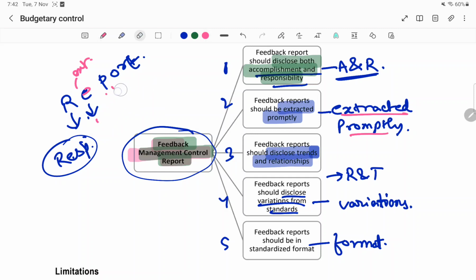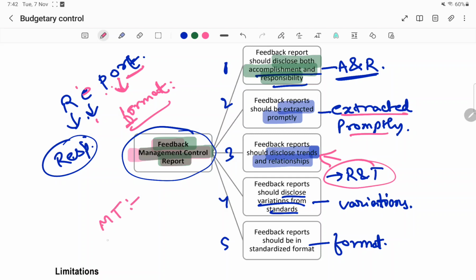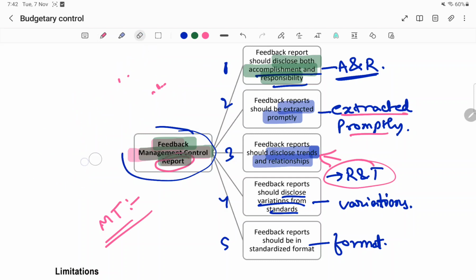Now from O try to remember format. I know format stands for F, but still you can try to remember from O. From R and T again we saw trends and relationships. You don't need to learn a memory trick, the question is itself the memory trick, that is report. So now once more we'll revise this.